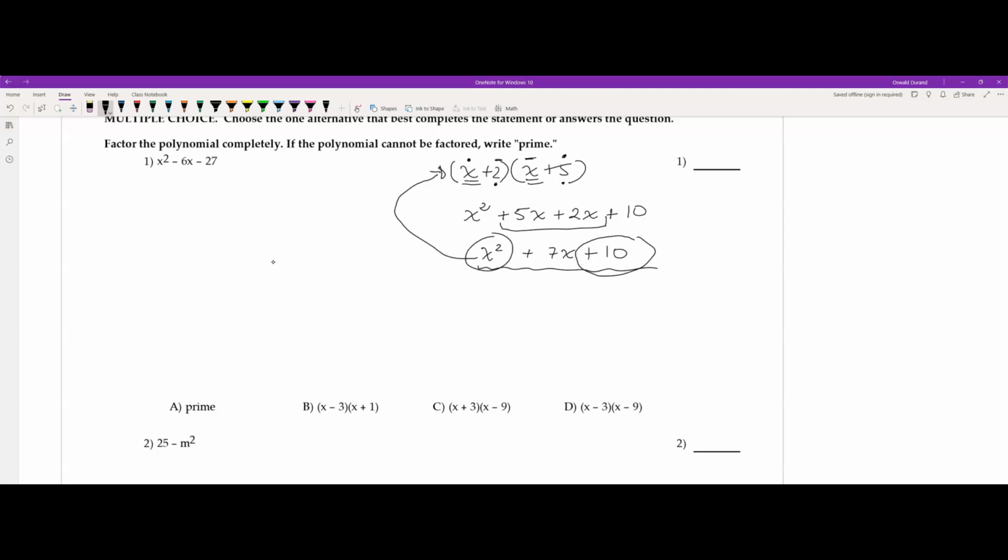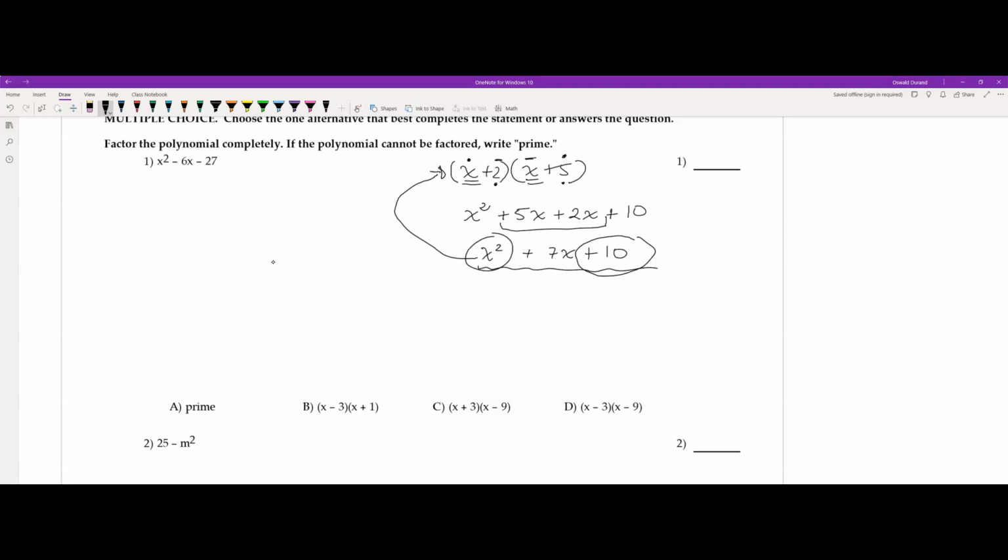Now, I also have to have the sum. Where did I get the 7x here? Well, if you look at the middle term, the 5x and 2x add up to 7x, but it comes from the 2 and the 5.